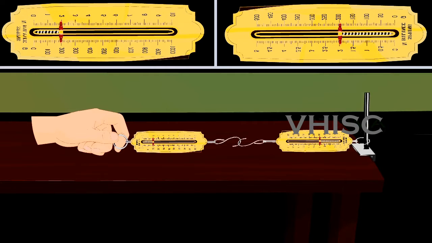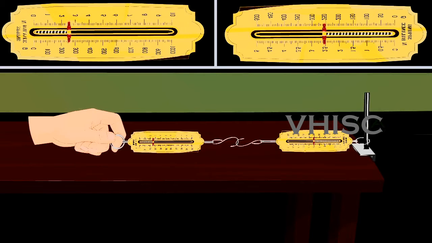This can be explained as follows. The first spring balance pulls the second spring balance, due to which we get some reading in the second spring balance. The same reading is seen in the first spring balance because the second spring balance also pulls the first spring balance by the same force.